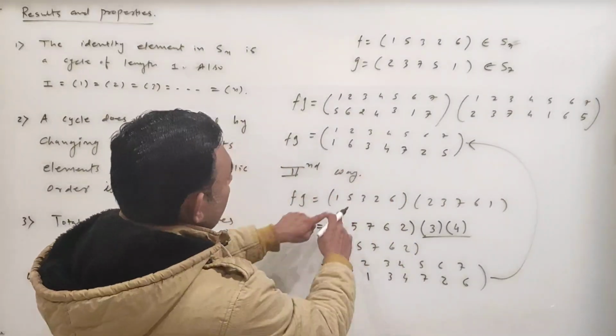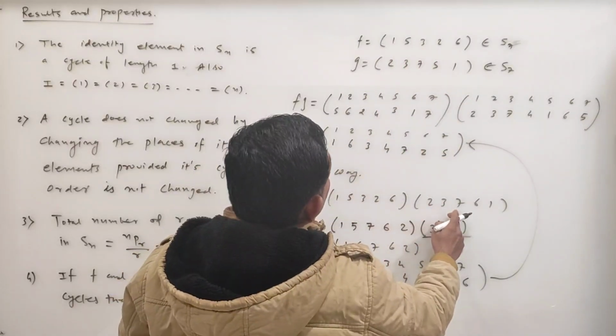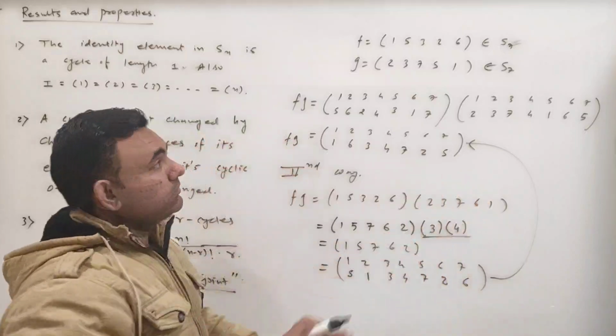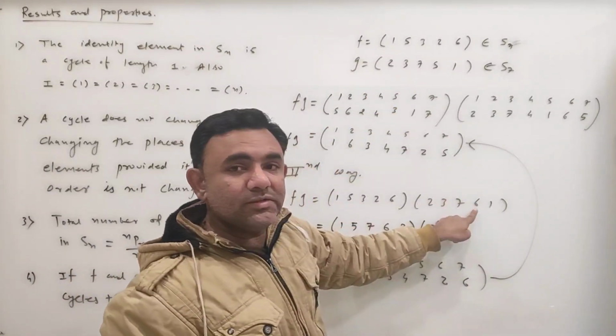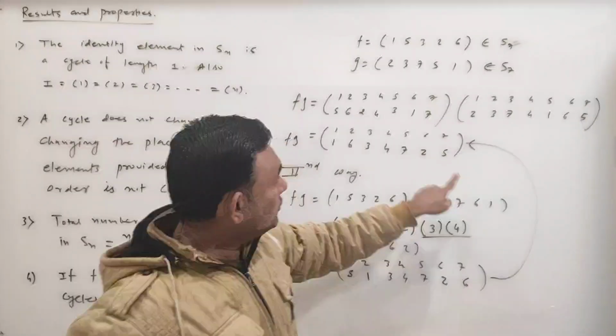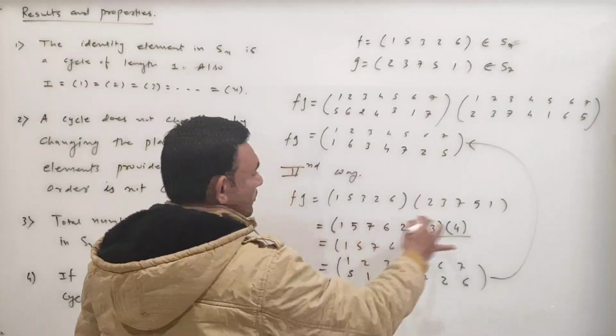I think 1, 5, 3, 2, 6 and 2, 3, 7, okay, 2, 3, 7, 5, 1 and I wrote here 6. So that is a mistake. So let us change it. Let me consider this is 5 and let me recompute this.